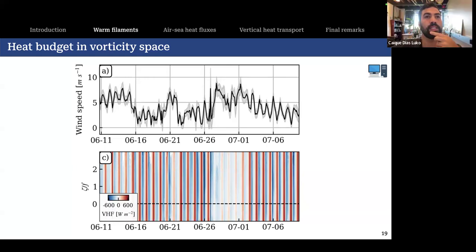Yeah, so this diurnal wind variability is because there's a strong land-sea breeze on the coast. I can't remember now if the land breeze is more intense at night or not.